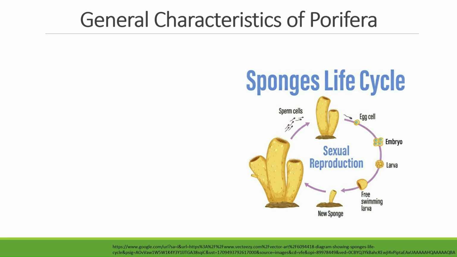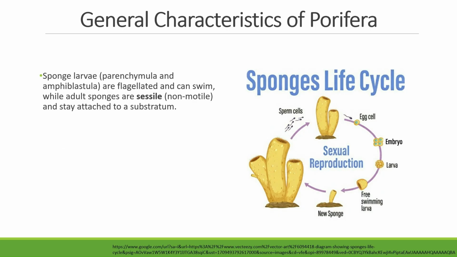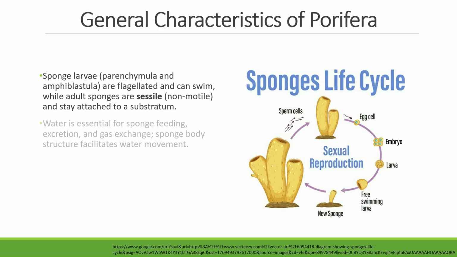Sponges have a free swimming larval stage called either parenchymula or amphiblastula, depending on the species, and a sessile adult stage. Sessile means non-motile, or non-swimming, where they attach themselves to a substratum as they feed, grow, and reproduce.